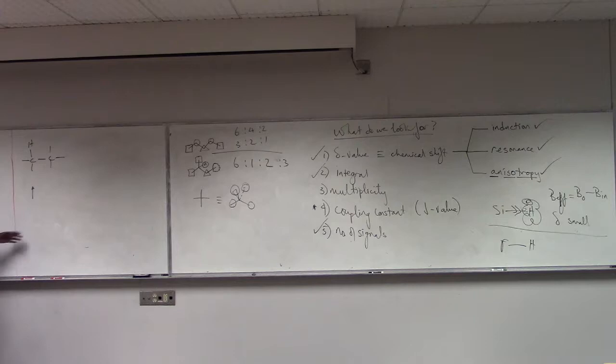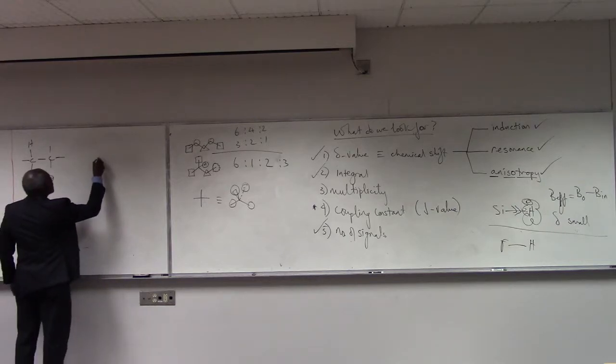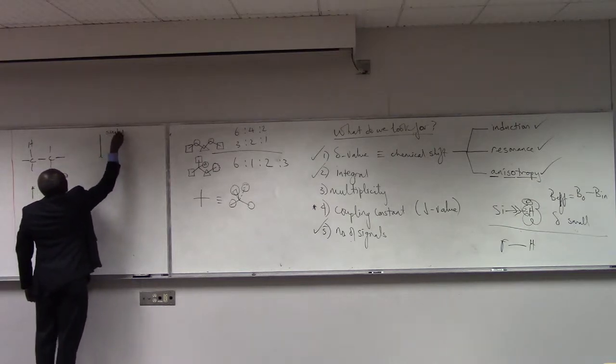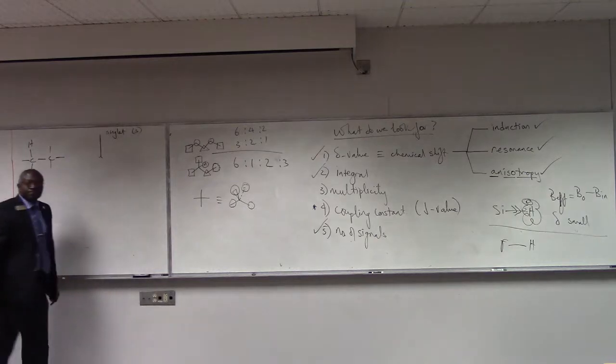When I apply my magnetic field, the electrons around the proton circulate in opposition to the applied field. I create a B induced, I get one B effective, and that H gives me one resonance, right? I get one delta E, I get one frequency, I get one peak. So this H shows up as a singlet, and I'm going to say S.